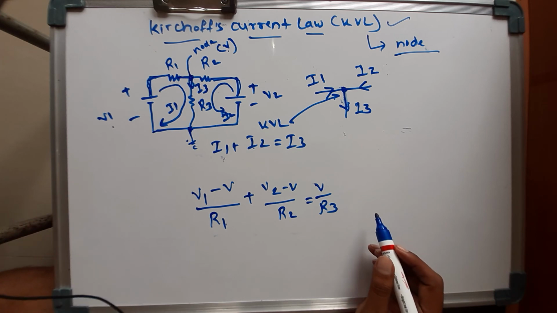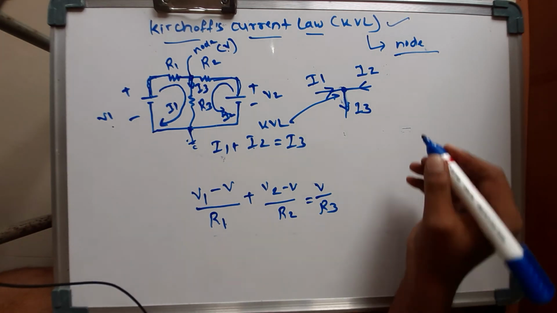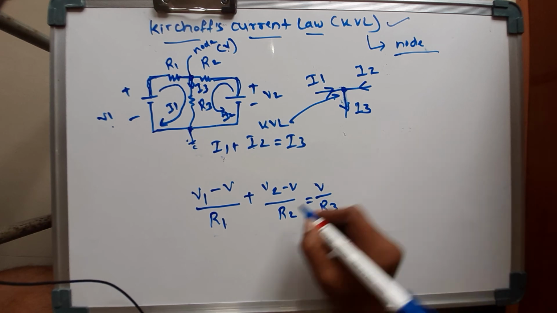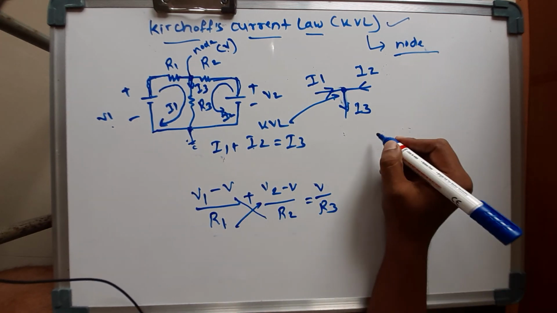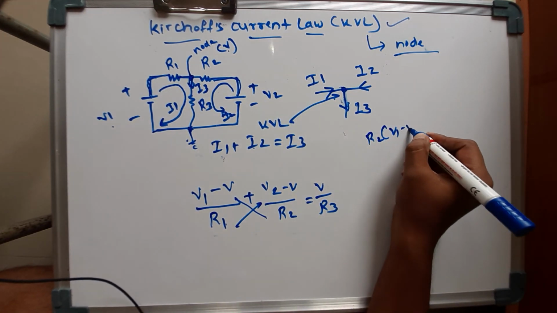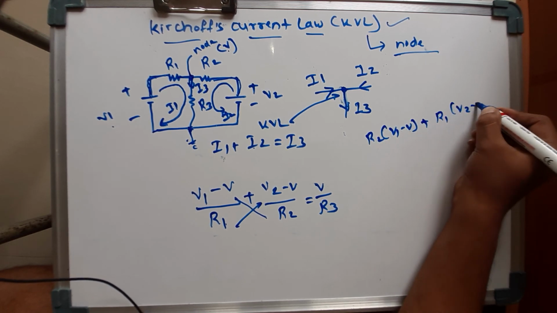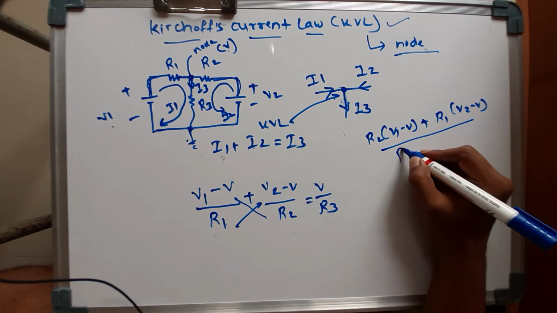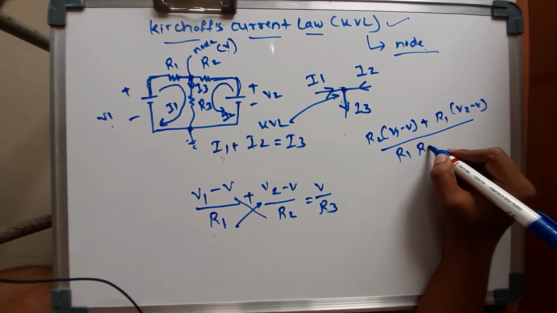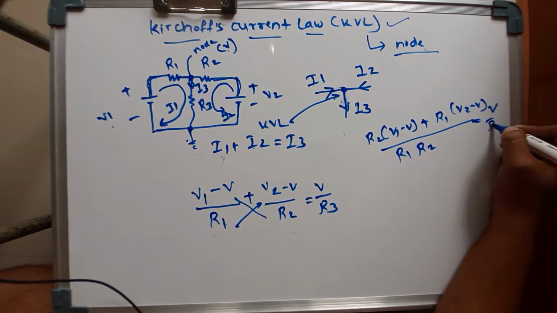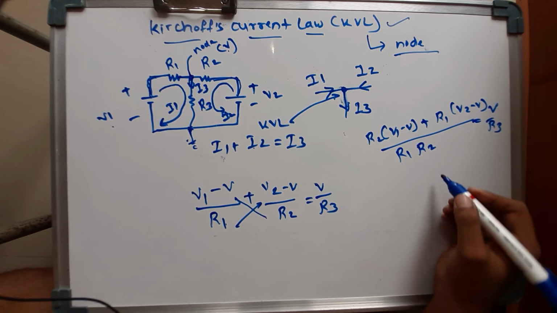In this way we will do the cross multiplication, R2 into V1 minus V plus R1 into V2 minus V, divided by R1 R2, equal to V by R3. Like this we have to solve it.